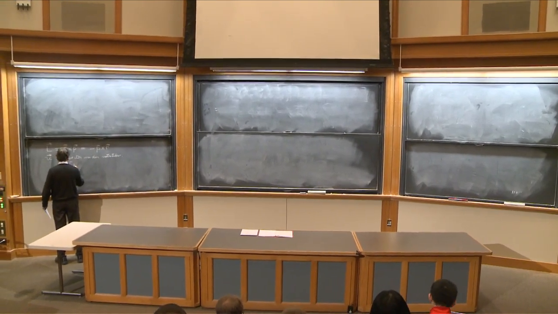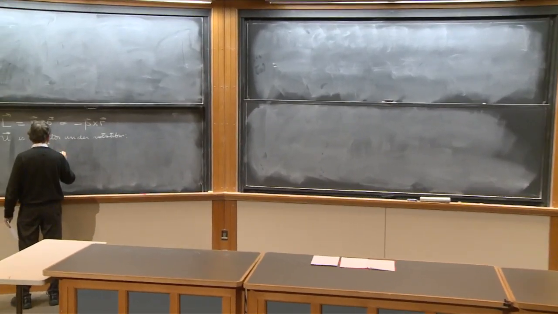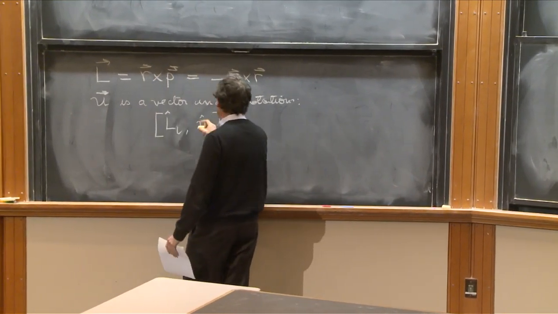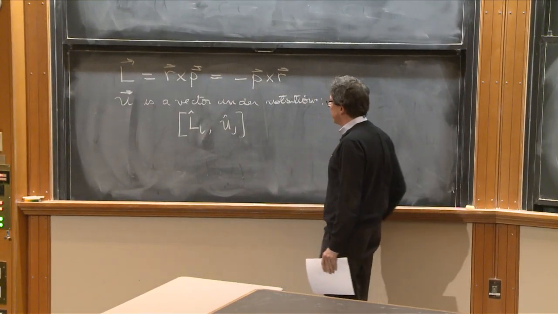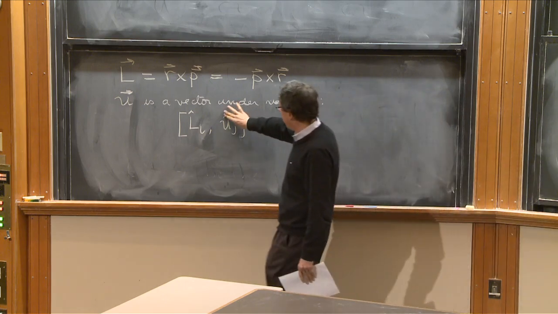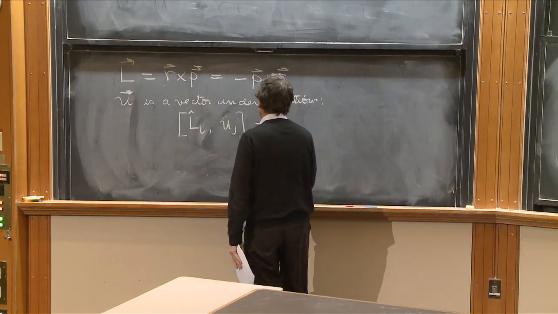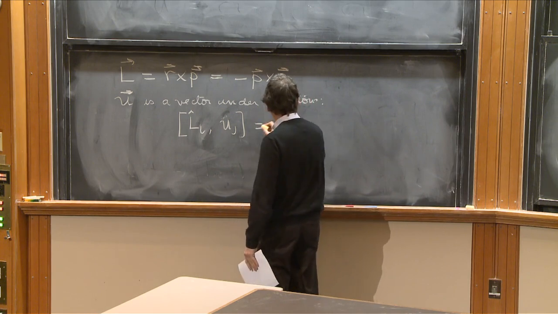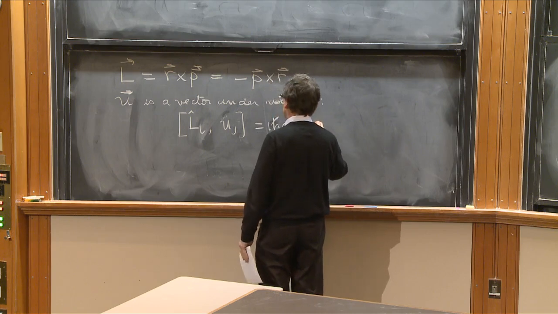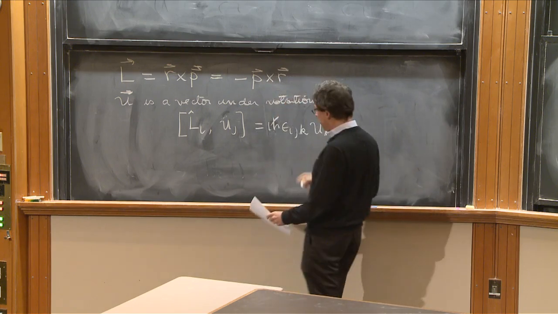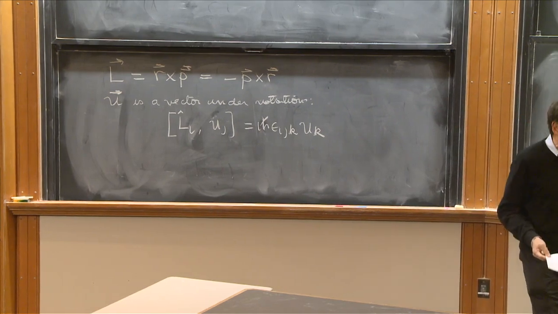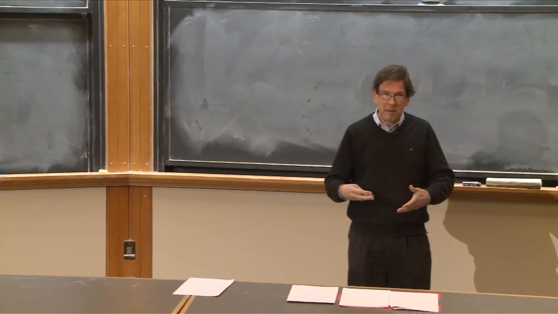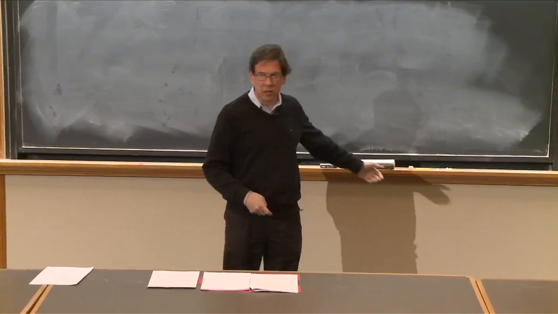It means that if you compute the commutator of Li with Uj, all these vectors are operators, so maybe I won't put a hat here on the blackboard, then you're supposed to get i h bar epsilon ijk Uk. So that's a definition, if you wish. Any object that does that is a vector under rotations.